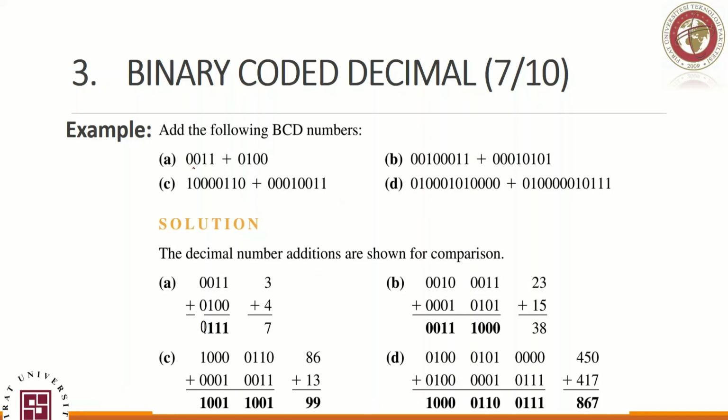Let's take this one: 0011 plus 0100. 0011 is 3, 0100 is 4, so 3 plus 4. 1 plus 0, that's 1. 1 plus 0, that's 1. 0 plus 1, that's 1. 0 plus 0, that's 0. Is this a valid BCD? Yes, it is 7: 0111, that means 4 plus 2 plus 1. Okay, that's good.